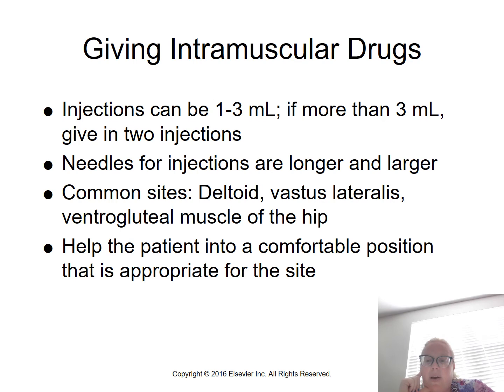That site used to be very commonly used for IM injections. However, it's not a very favored site anymore because of the presence of a lot of nerves and major blood vessels there. So you have more potential to insert that needle straight into a blood vessel inadvertently.